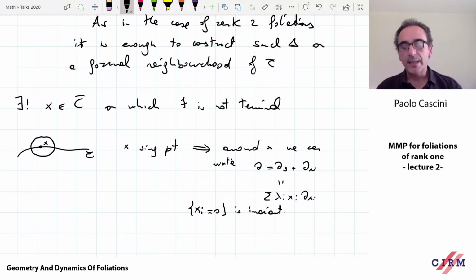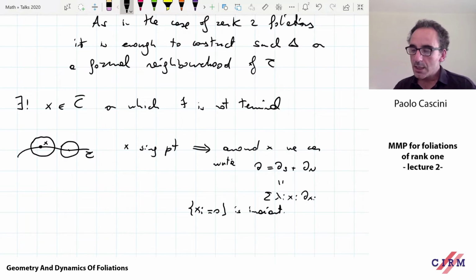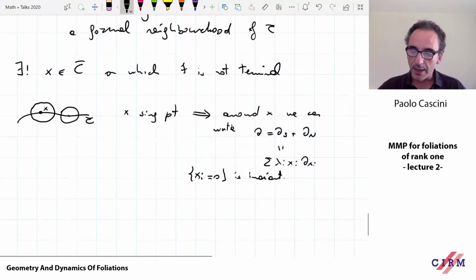What is the problem? Again, the problem is the fact that we can only do this game locally around the point of the singular locus of F along C bar. Of course, in the smooth points, it's easy to show that this is doable. The problem is how do we glue them together? And this is what took us some time.